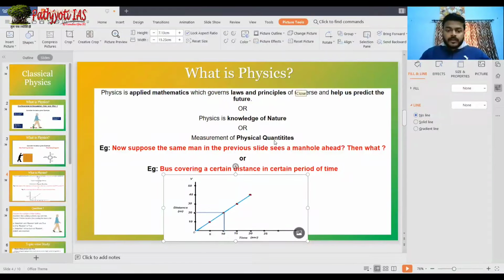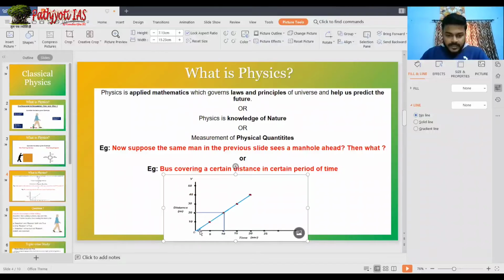Here's a bit of mathematics, so let me explain it through a graph. On the y-axis, the vertical axis, it's given distance: 10, 20, 30, 40, 50, etc. And on the x-axis, it's given the time: 5, 10, 15, 20, 25, etc.